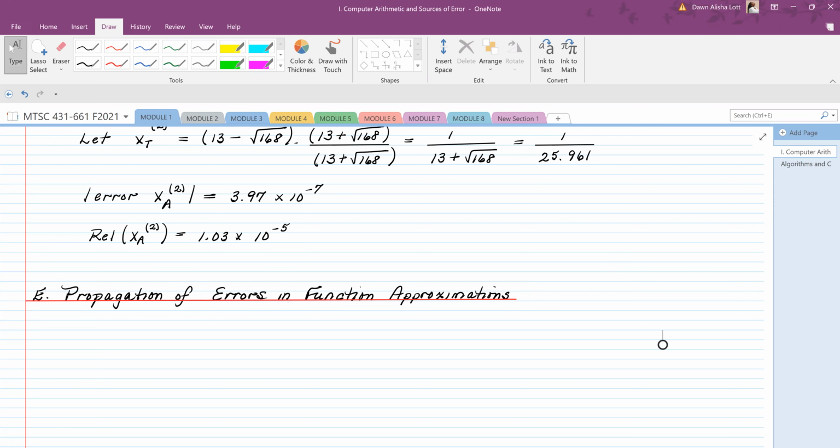Let's say we have the function of x true minus however we compute the function of x approximated. Okay, so this is the true value. And then this is the value actually computed.